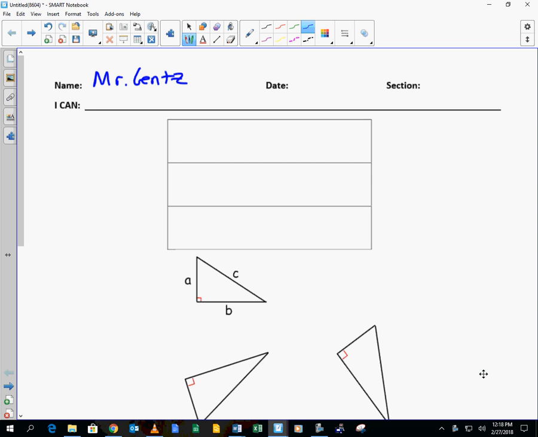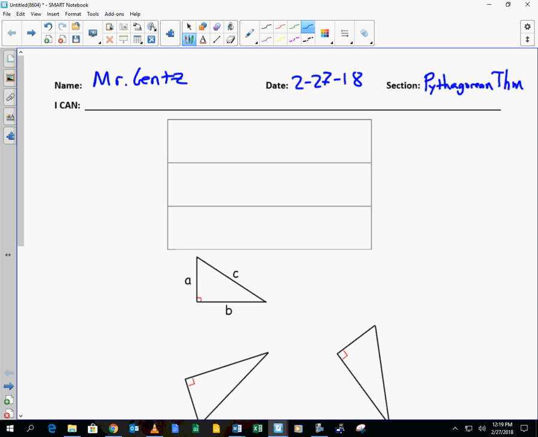So today's date, we've got 2/27, and we've got 18, and section. This is the Pythagorean Theorem. I'll put THM as short for theorem. Today we're going to teach you how to do something.